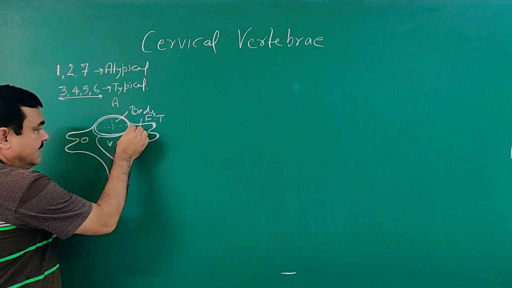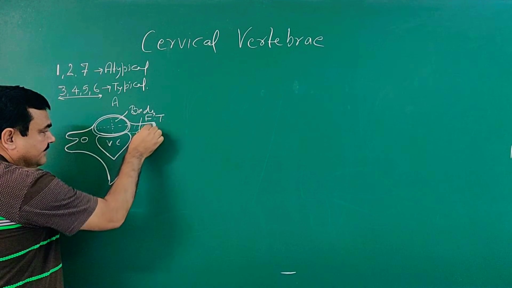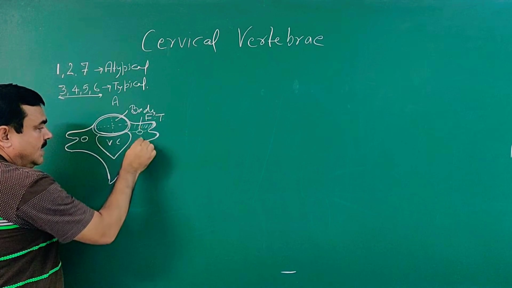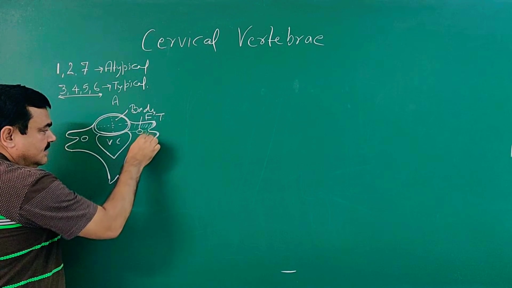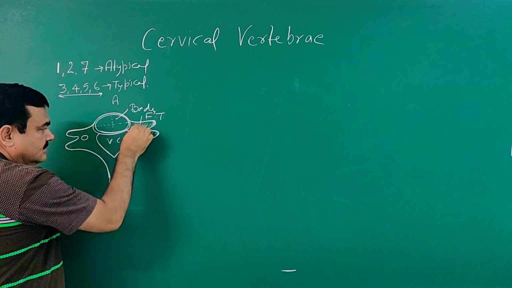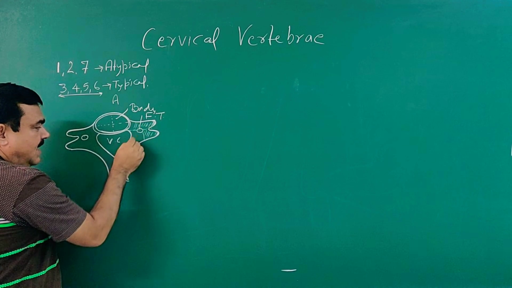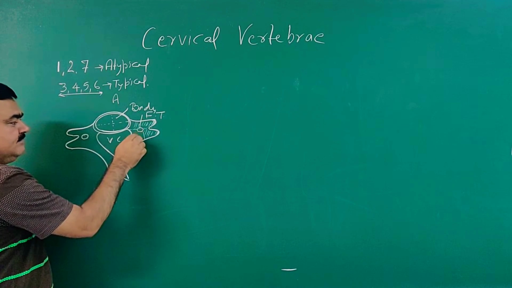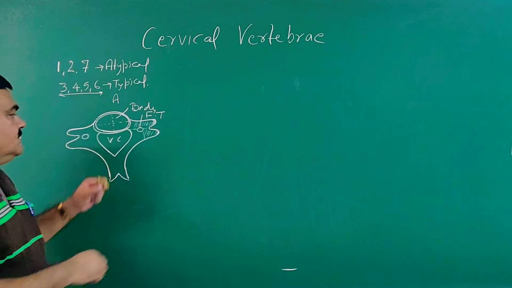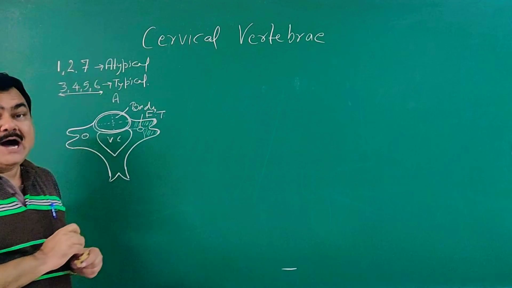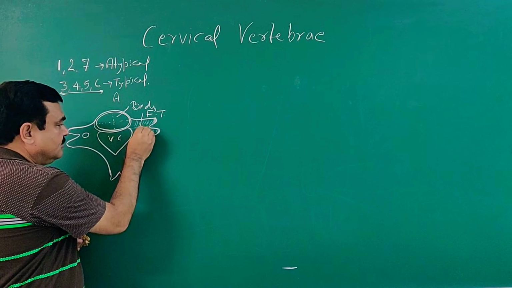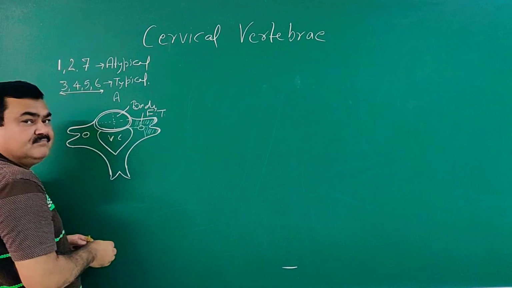It has a costal part, so this part is costal part, and the remaining part is transverse part. So this is the costo-transverse bar.